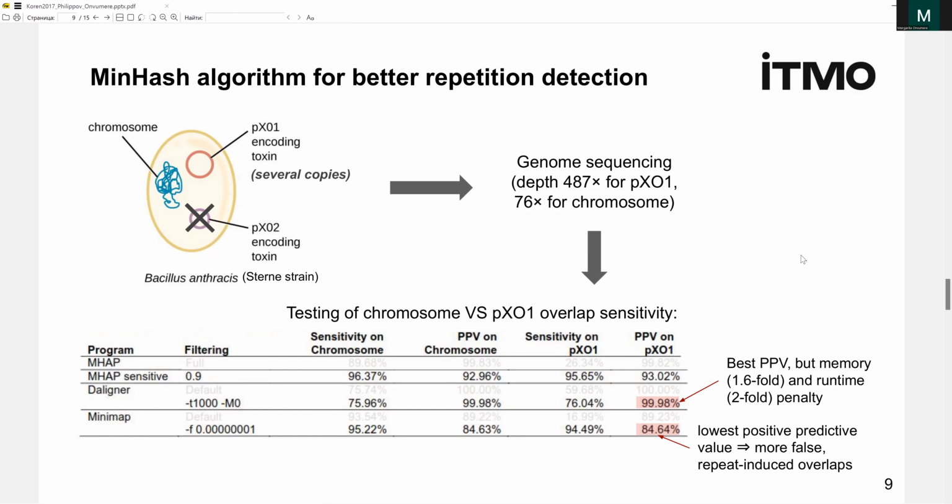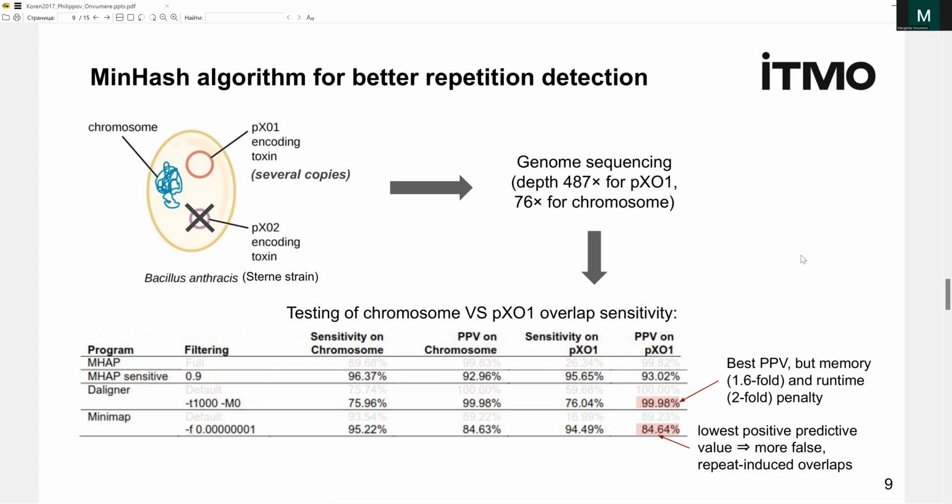Firstly, Kano gets better with repetition detection, and to test this, the authors used the sequence of the Bacillus anthracis bacteria, specifically the Sterne strain that doesn't have pXO2, but has several copies of the pXO1 plasmid.